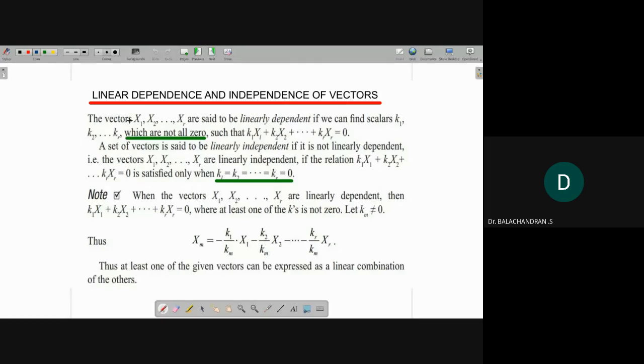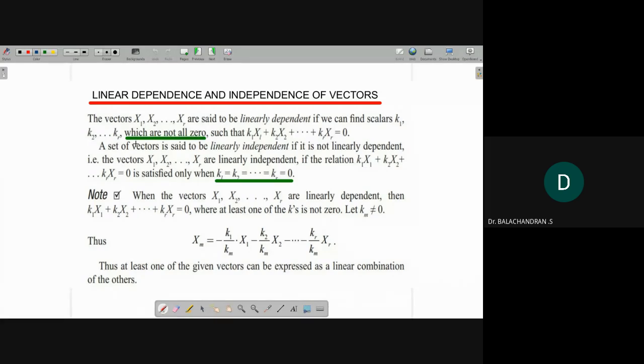First I'll define what is linearly dependent. The vectors x1, x2, xr are said to be linearly dependent if we can find scalars k1, k2, kr, not all zero, but their linear combination is equal to 0.